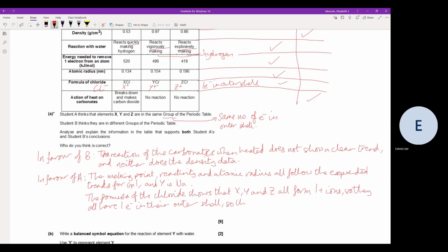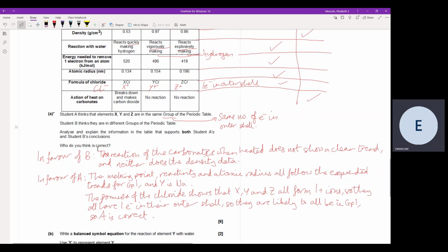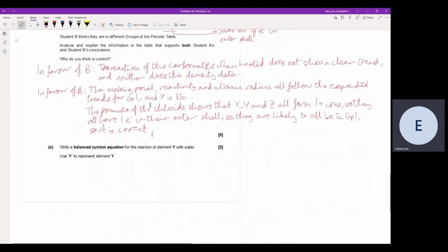So they are likely to all be in group 1. So A is correct. Okay, quite nice. Didn't have to write too much, even though we got given loads of data to analyze.